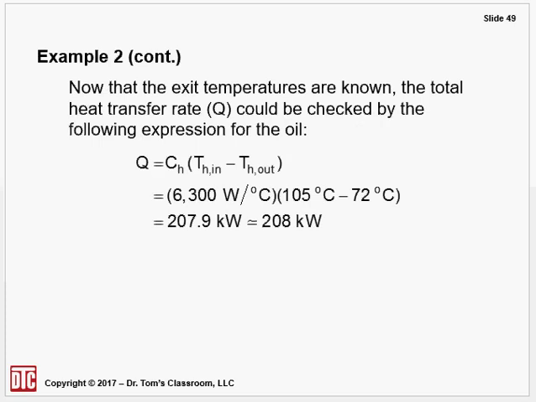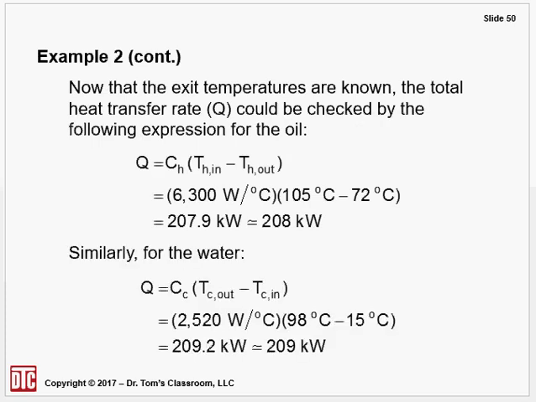On the hot side, C sub H, which is m dot CP, times delta T: we've got 6,300 times the 105 minus 72, and we get 207.9, about 208. So we're 1 kilowatt short, but there's some round off in all of this as well. If we do the water, we get a little bit more than 209: 2520 times the 98 minus 15 gives us that.